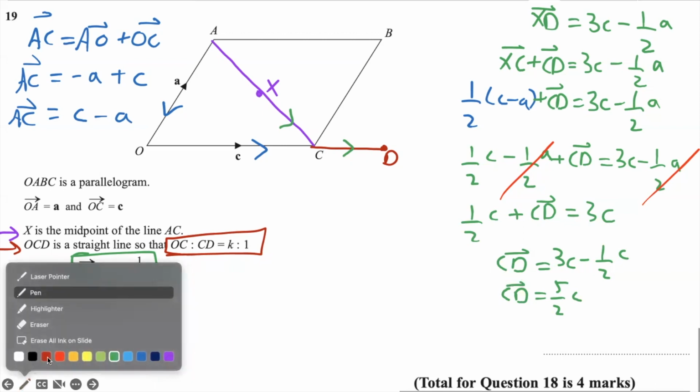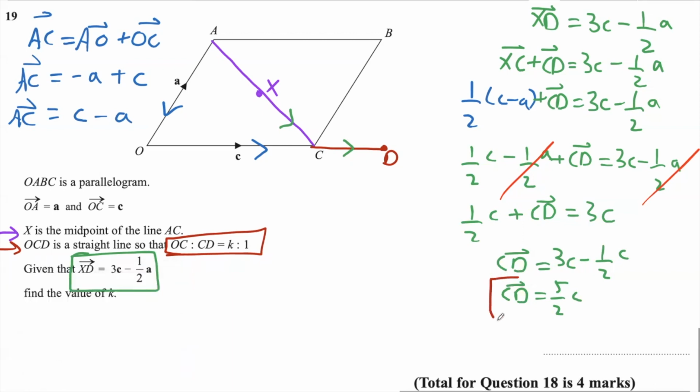Okay, so why is this important? It's important because we know that OC ratio CD is K ratio 1. If CD is 5 over 2 C, and we know that OC is equal to C, right? Once again, OC is C, CD is 5 over 2 times C. What does that mean?